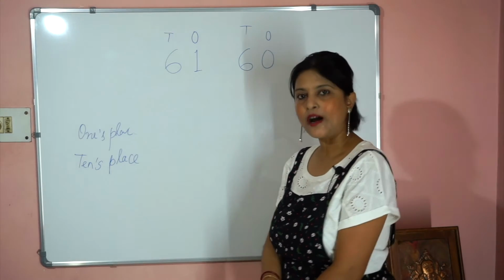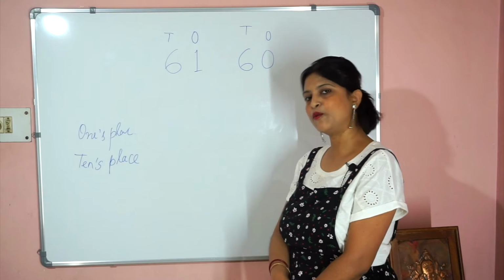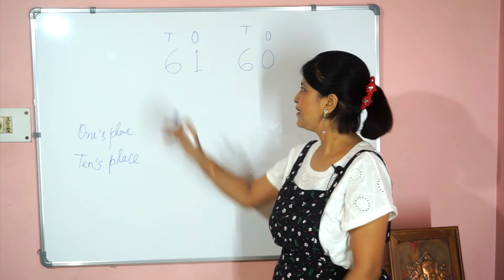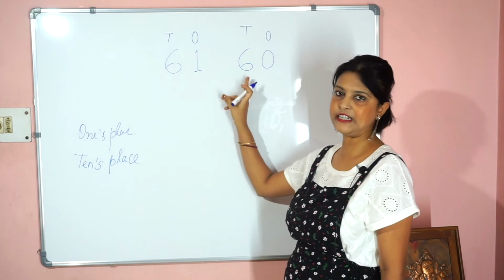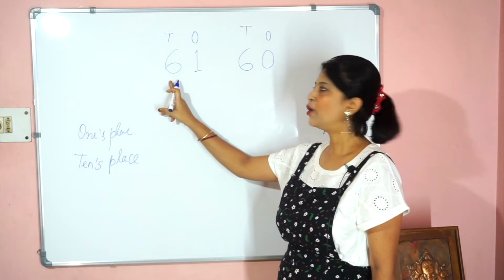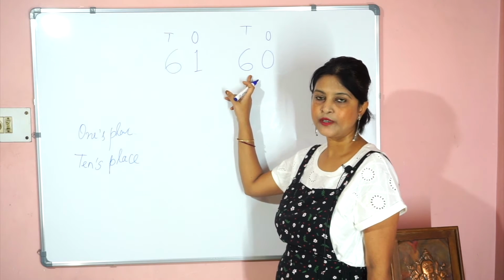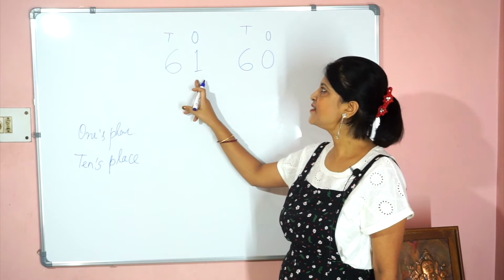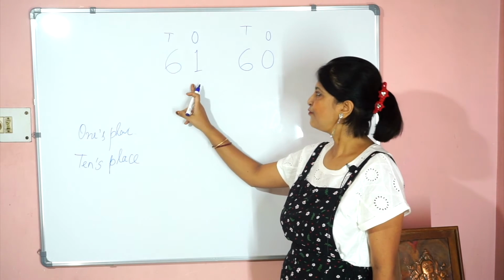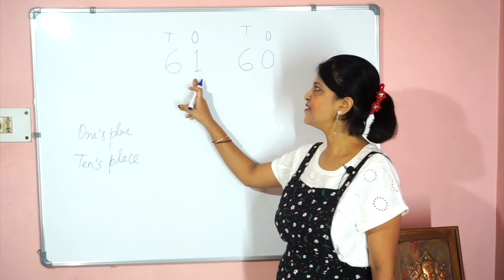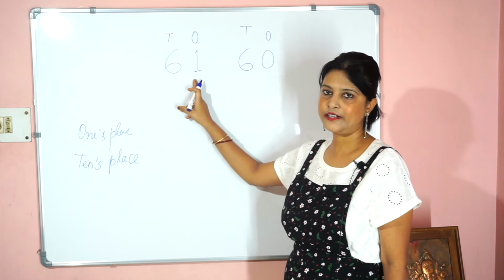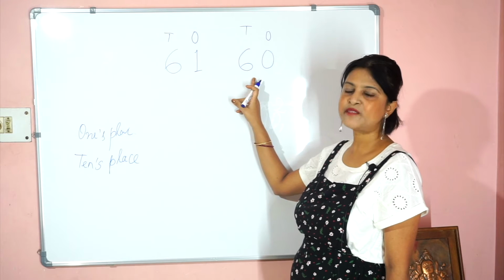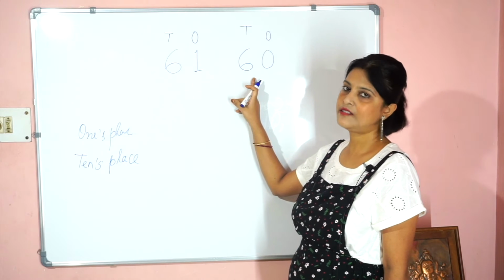I said earlier that we are always supposed to check the tens place digits first. So here when I check the tens place digits, I observe both of them are 6. So next, we are supposed to check the ones place digit. For this particular number, the ones place has the digit 1, and for this particular number, the ones place has the digit 0.